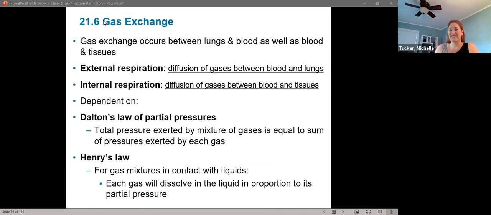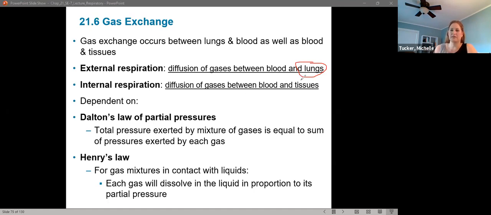Now, we're transitioning to gas exchange. Gas exchange occurs between the lungs and the blood, as well as the blood and the tissue. External respiration is the diffusion of gases between the blood and the lungs, because we're exchanging with external environmental air. Internal respiration, everything is internalized.